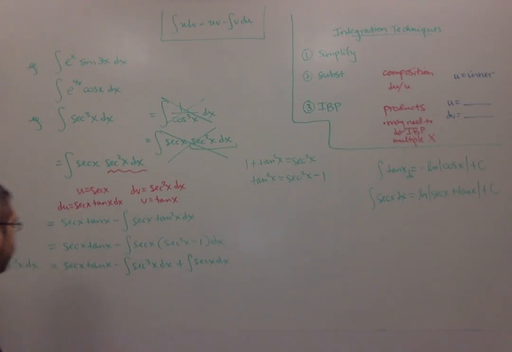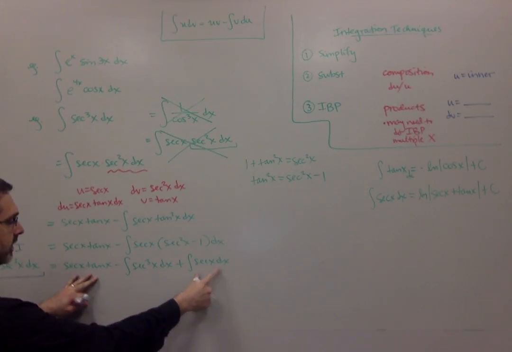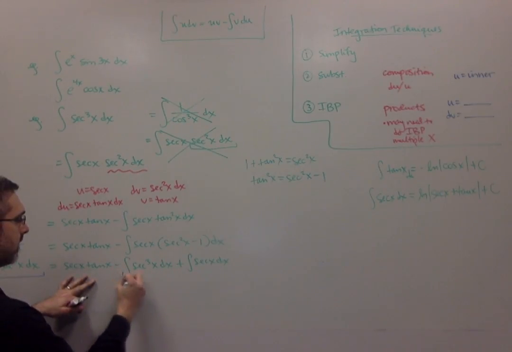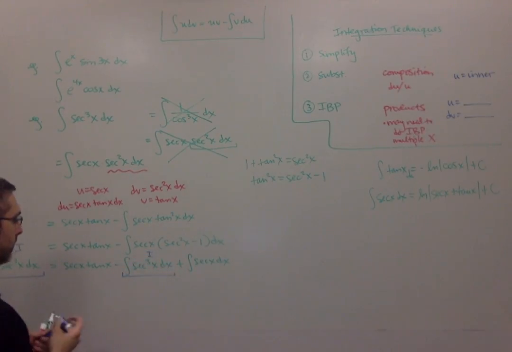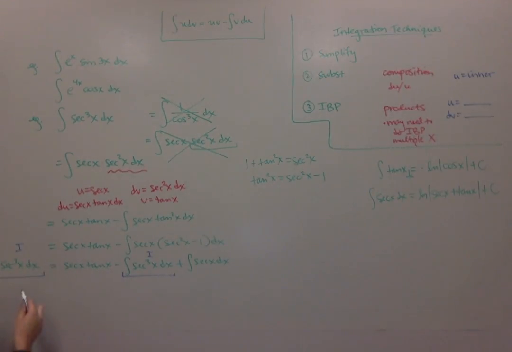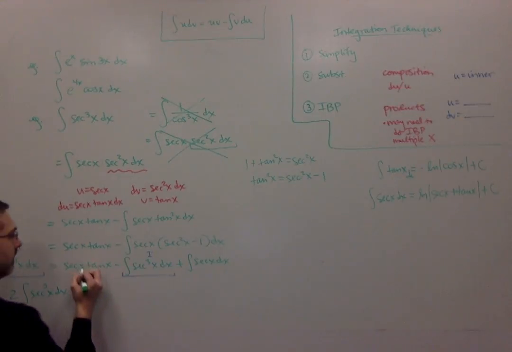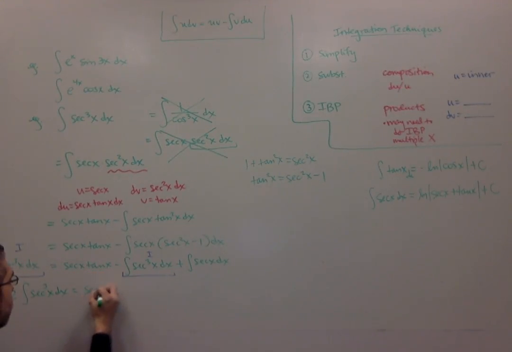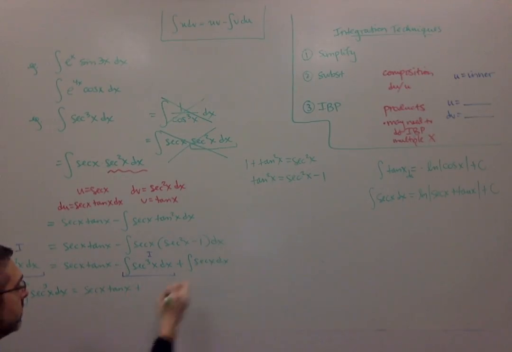So again, I've got this integral, I equals some stuff, which I know how to do, minus I. So if I add this I over, I get 2I. In other words, 2 integrals of secant cubed is this thing plus this integral, which we know how to do.